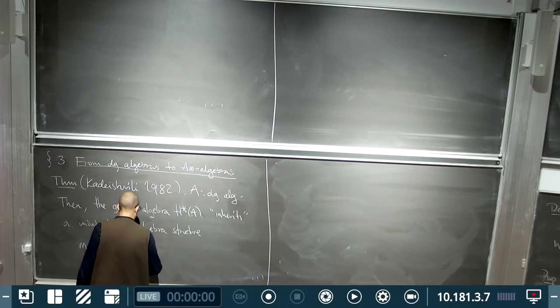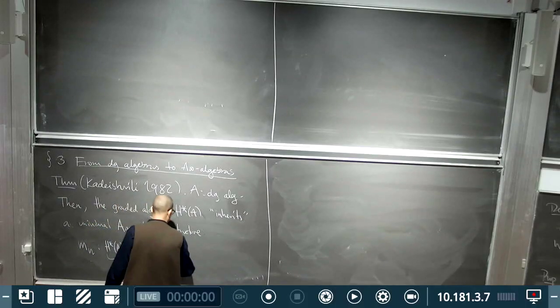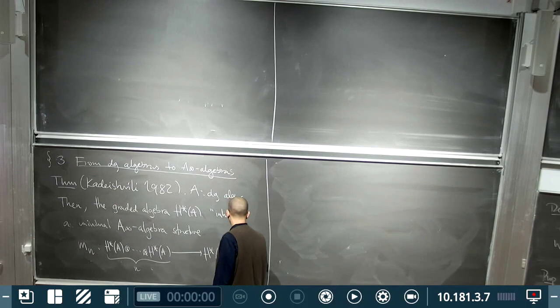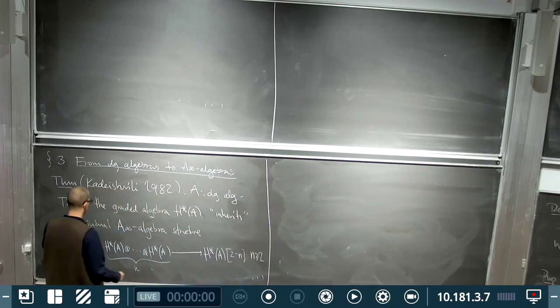A collection of multilinear operations of arity n, single output, and degree 2 minus n, n bigger than or equal to 2. There is a notion of an A infinity algebra that is not minimal.